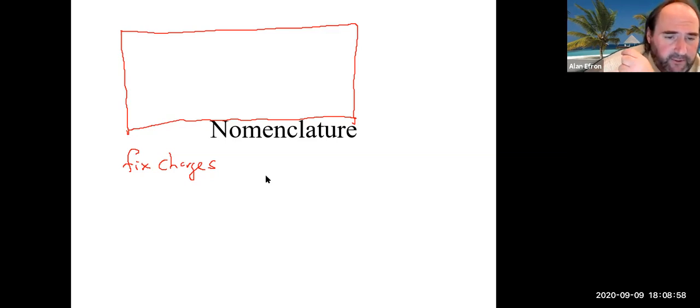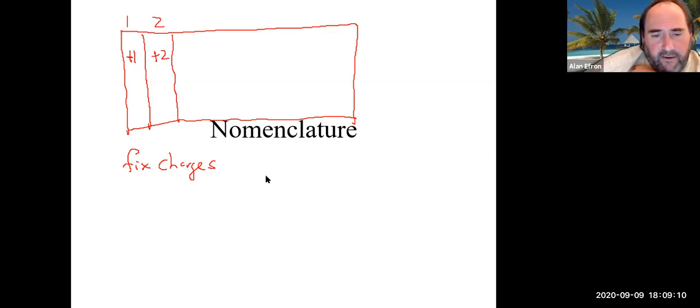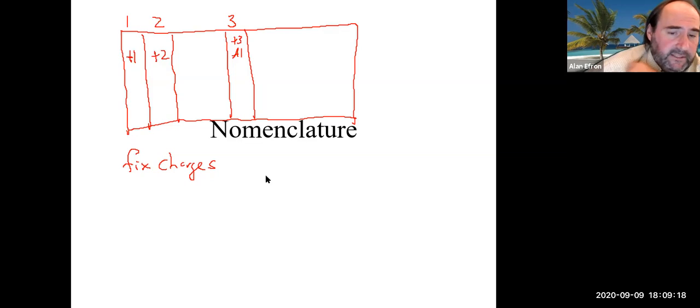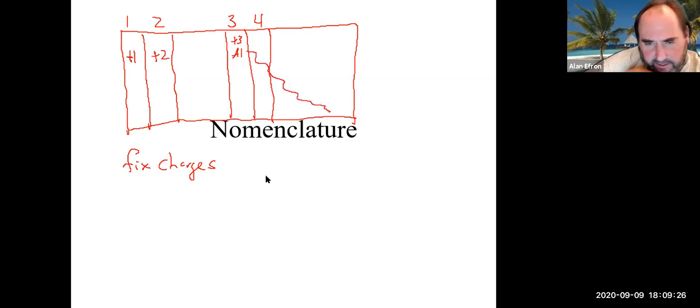But everybody in group one, no matter what the situation is, will always form a +1 charge. Everybody in group two will form a +2 charge. Everybody in group three, and pretty much who we're talking about is aluminum, will always form a +3 charge. Group four, there's really no good pattern there, and again, it's because of that staircase that comes down through here.